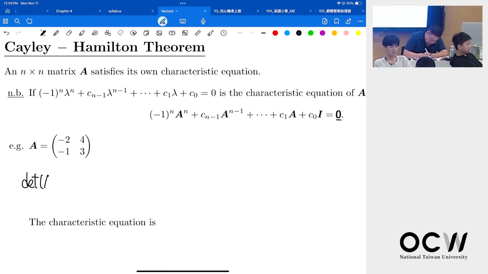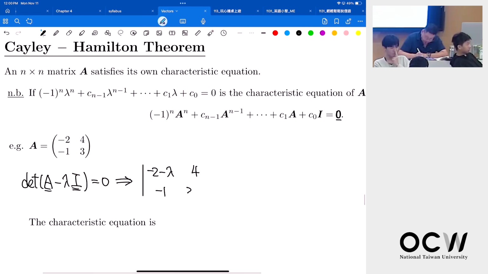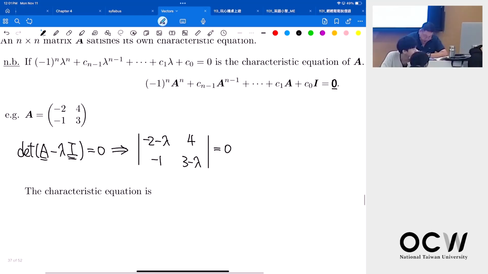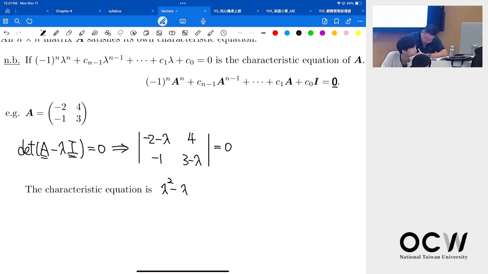So the determinant of A minus lambda I equals 0: minus 2 minus lambda, minus 1, and 4, 3 minus lambda, equal to 0. Then your characteristic equation is lambda squared minus lambda minus 2 equals 0.